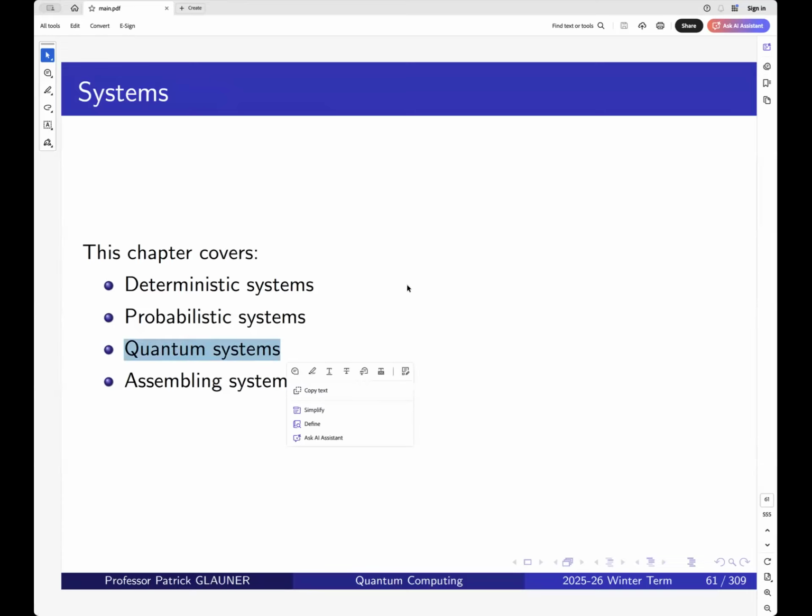Next, we use quantum systems for which we don't use real numbers, but rather complex numbers. So we plug complex numbers into our states and matrices, and then we use the tensor product to assemble systems. And like this, next week we will get exposed a bit to quantum systems and assembling such systems.